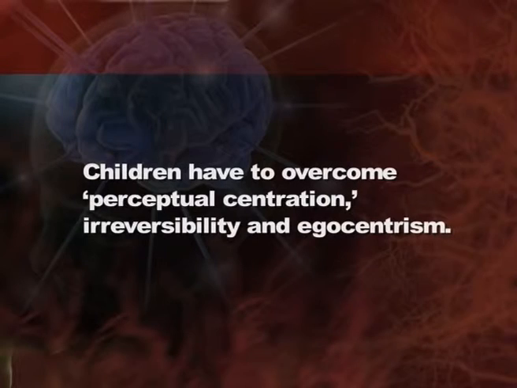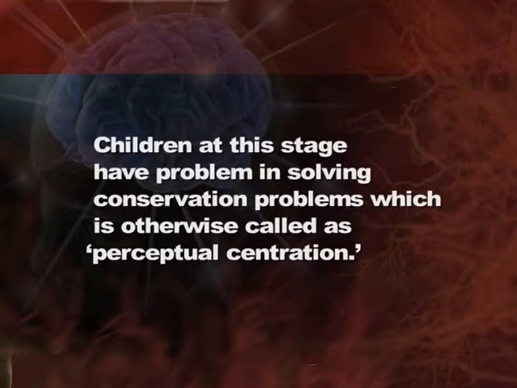Children in this pre-operational stage are pre-logical. They have a problem with centration. Children have to overcome perceptual centration, irreversibility and egocentrism. Children at this stage have problems in solving conservation problems, which is otherwise called perceptual centration.